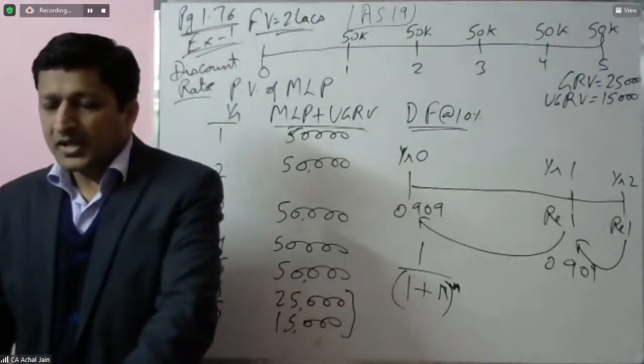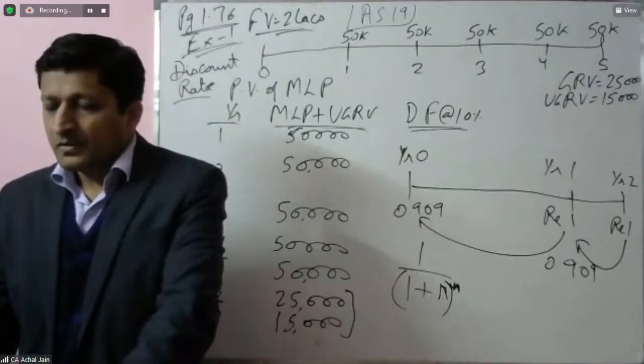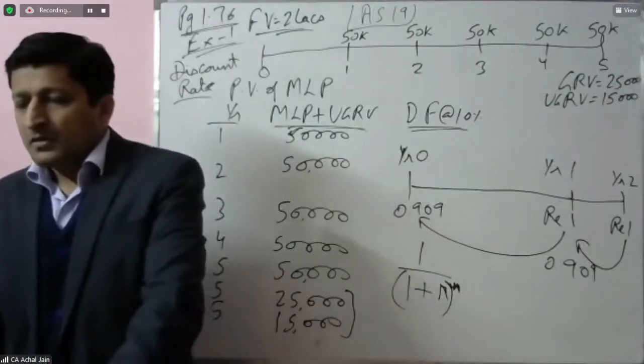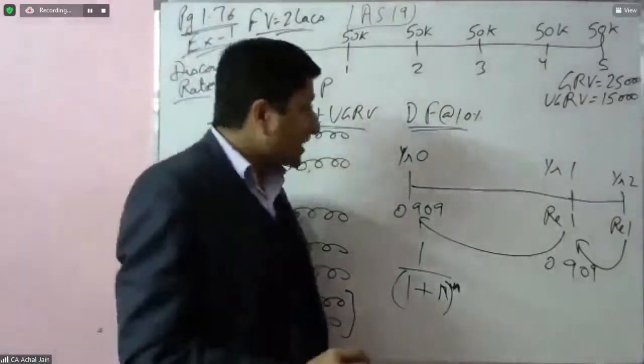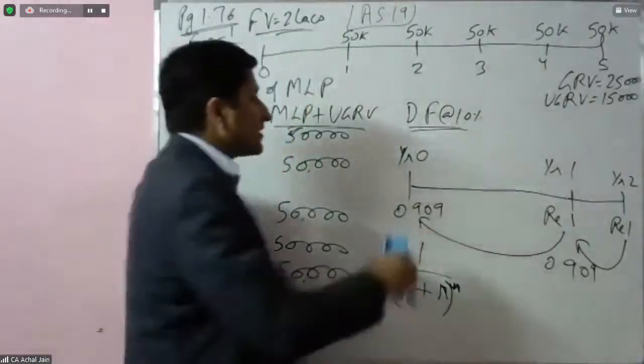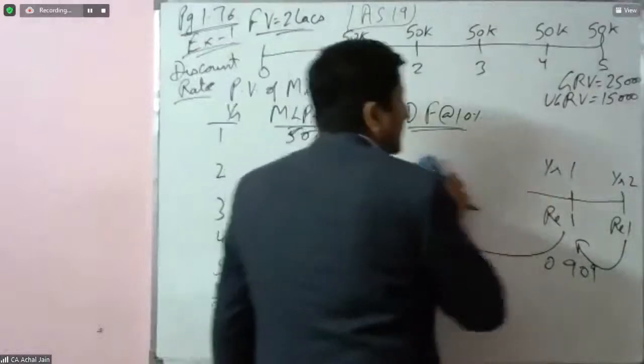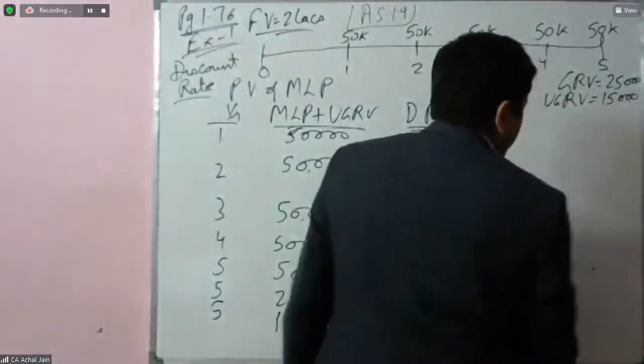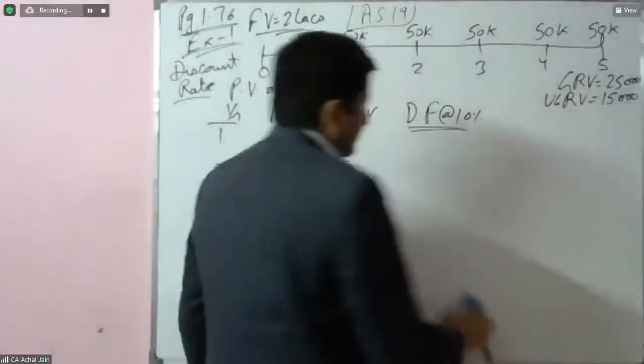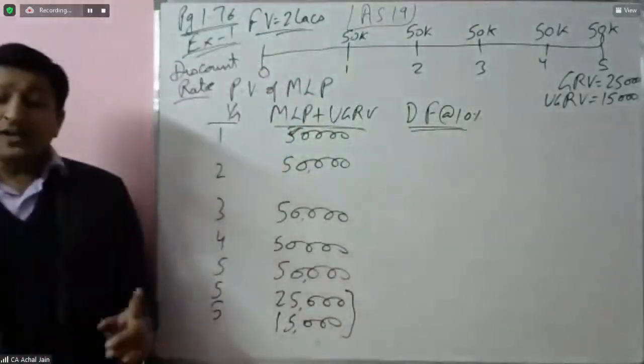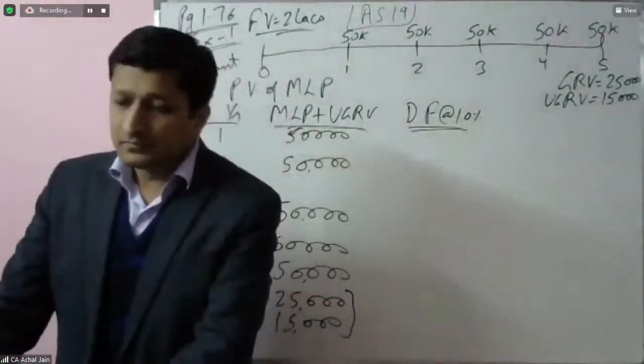Now in this case, what I am doing is writing the discounting factor year on year. This discounting factor is for rupee 1.